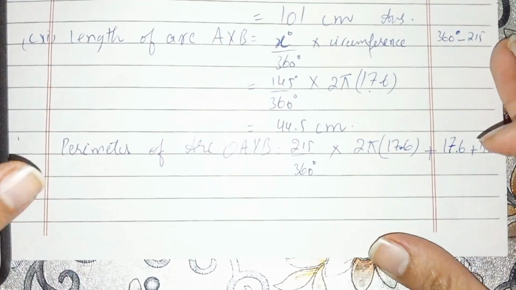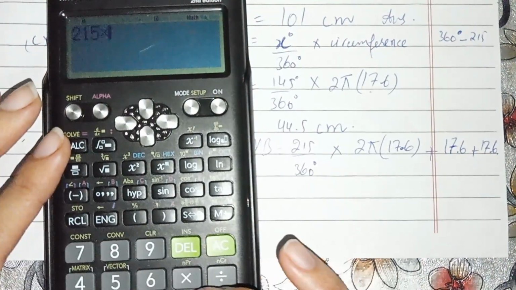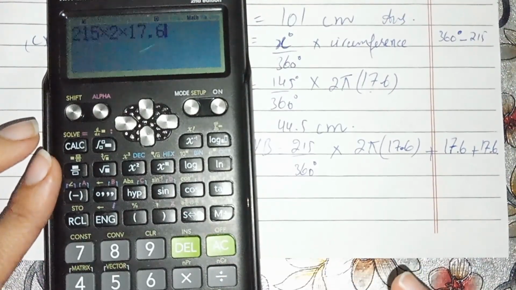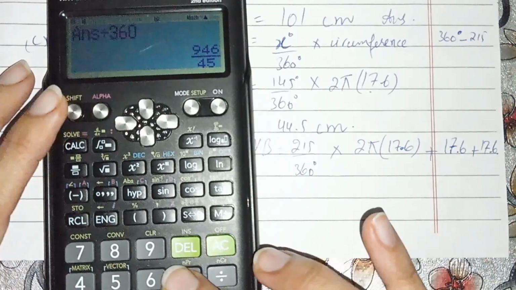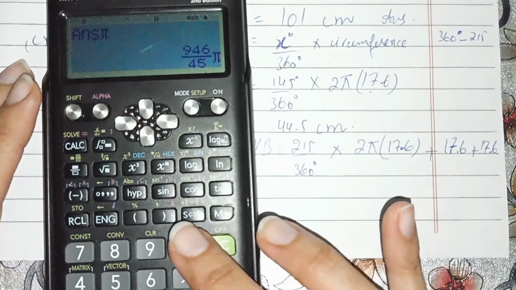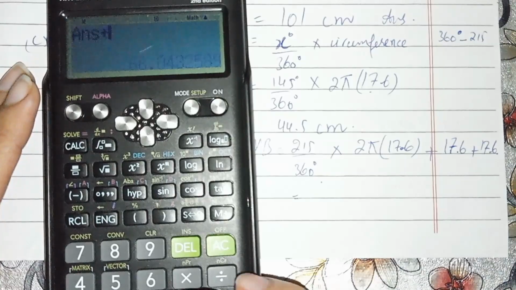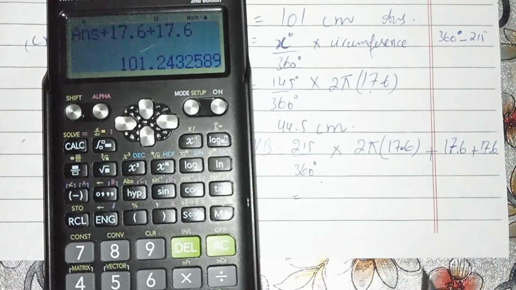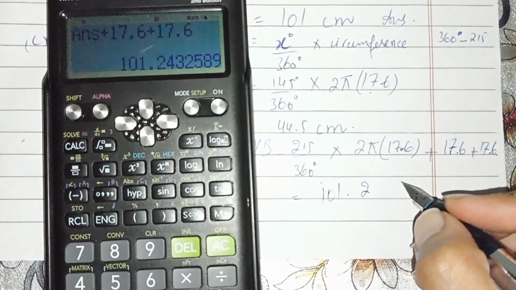By solving it we get the answer. 215 multiplied by 2 multiplied by 17.6 and divided by 360 and multiply by pi and we get the arc length. Adding 17.6 plus 17.6 we get 101.24.